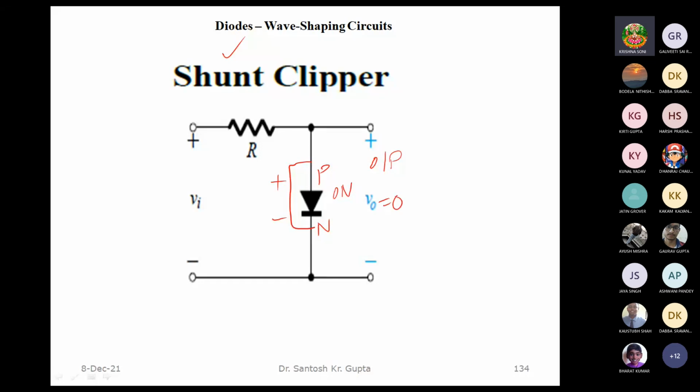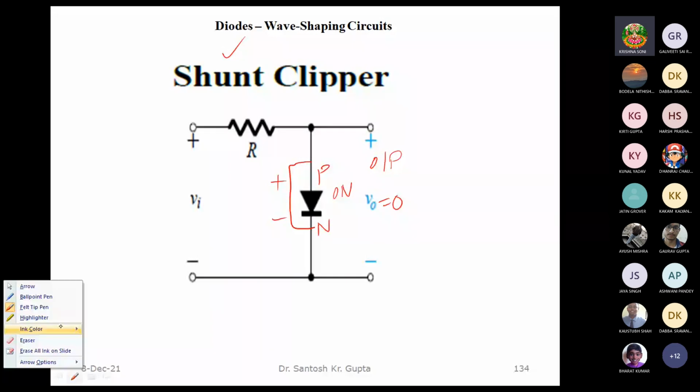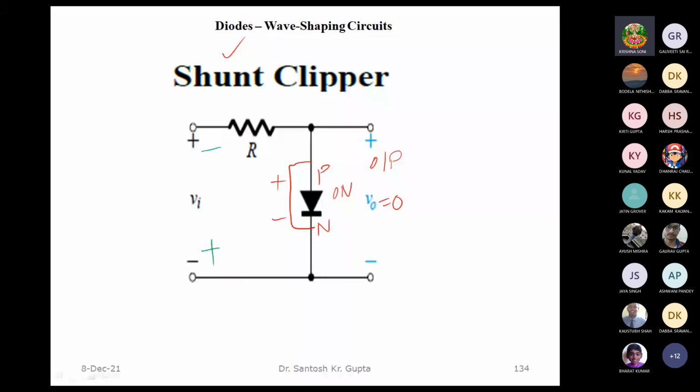So in the series connection, when the diode was on, we got the output voltage equal to the input voltage, whereas here, when the diode is on, the output is equal to 0. For the other half cycle, the input reverses its polarity, with minus and plus.